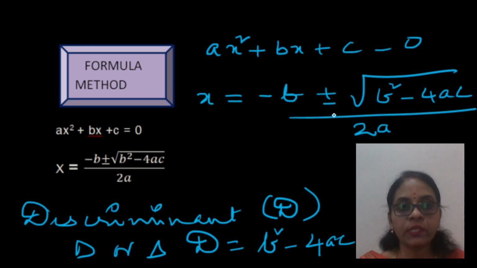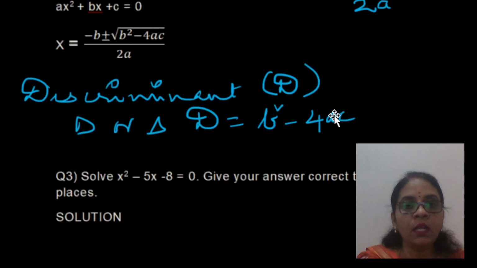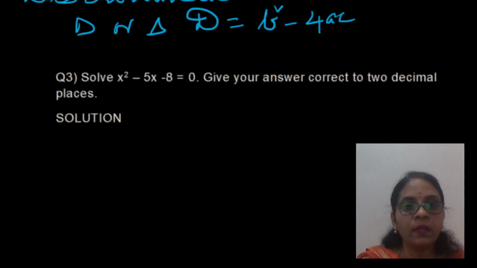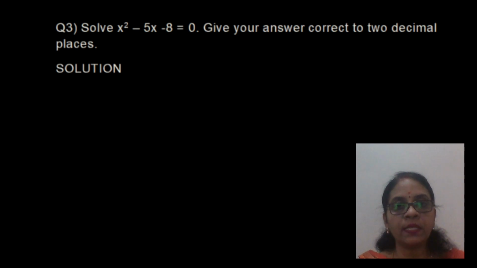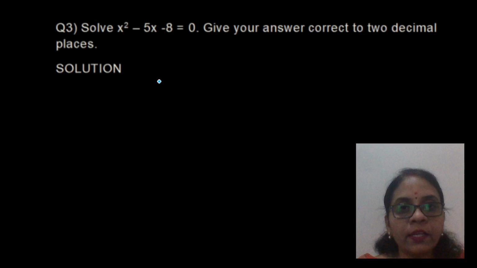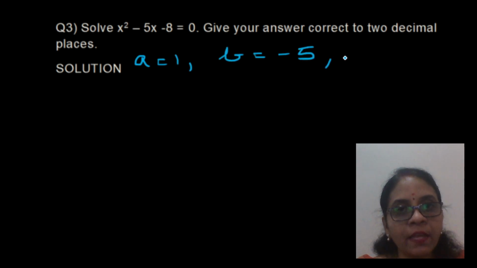So let's do a few sums using the formula method as well. Here it is given, solve this equation and give your answer correct to 2 places of decimal. Since it's the first sum, let's write the values of a, b and c. A is 1, b is minus 5, c is equal to minus 8.